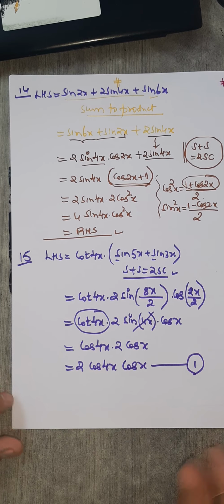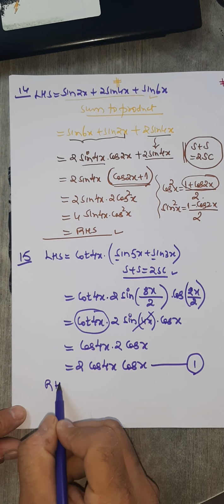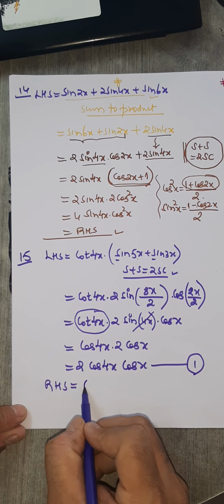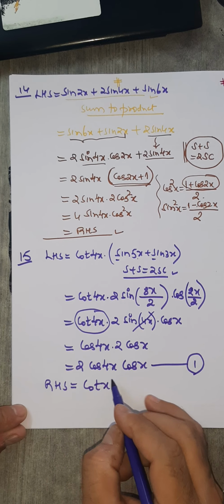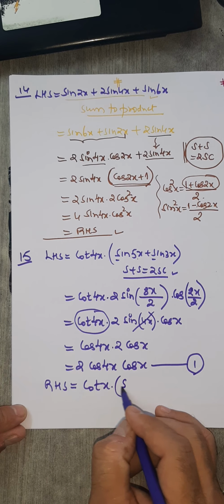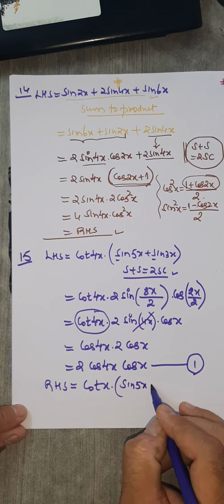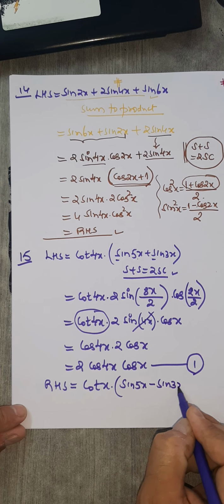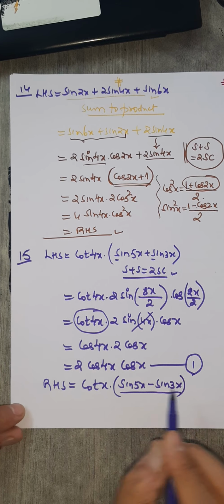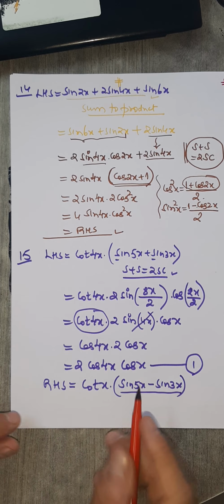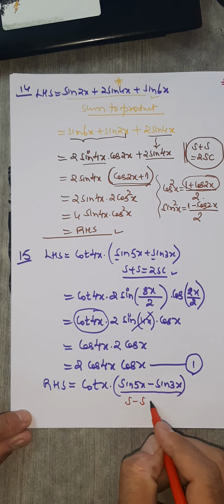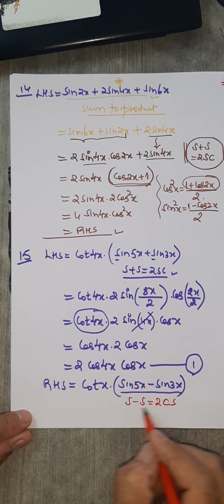You know this is a standard procedure in Trigo. Go for RHS, keep this cot x as it is. Inside the bracket you have sine 5x minus sine 3x. So have you realized what this is inside the bracket? It is s minus s. What is s minus s? 2cs.